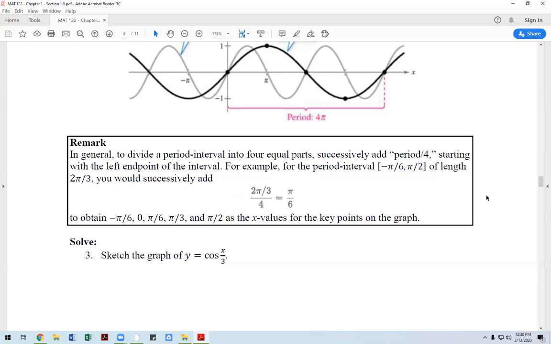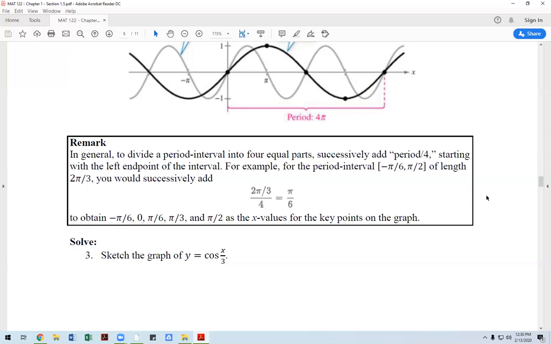In this case, they're using the example of negative pi over 6 to pi halves. So you basically figure out what that distance is going to be, right? And how do you calculate that distance? The distance from negative pi over 6 to pi halves. Subtract them. Yeah, you end up subtracting them, which in this case, since this is a negative number, you actually end up adding them, right?